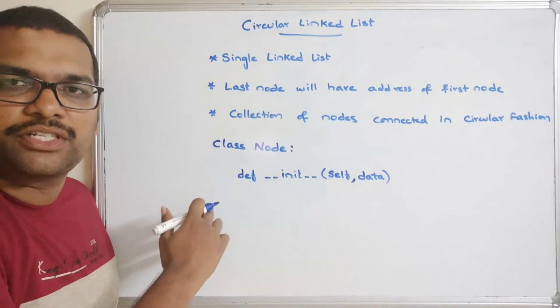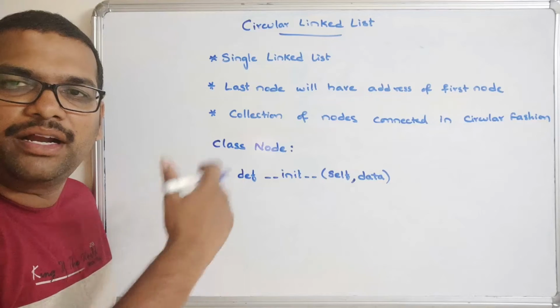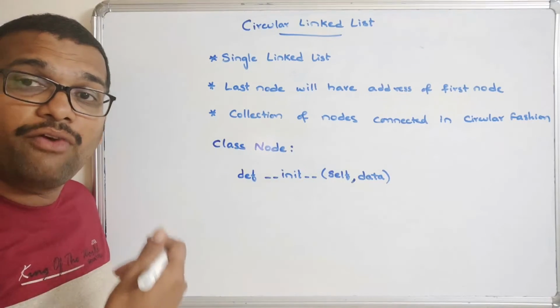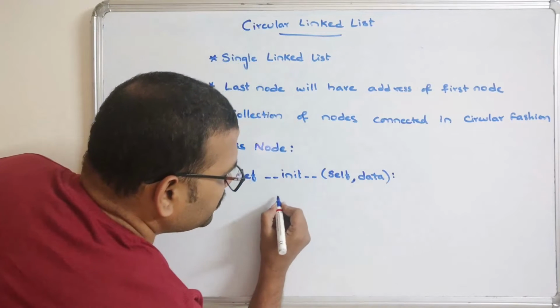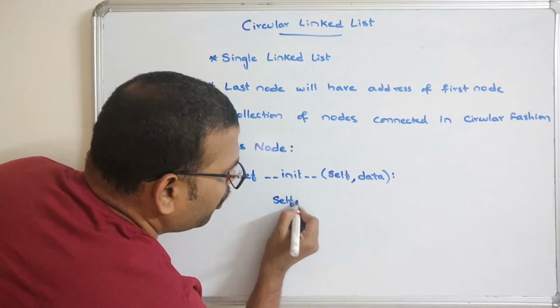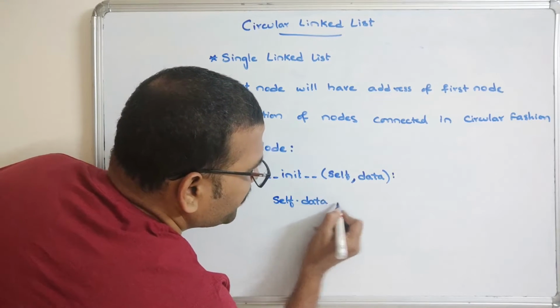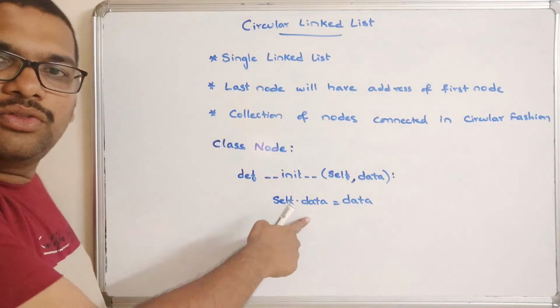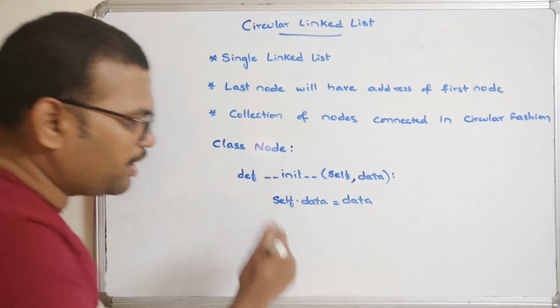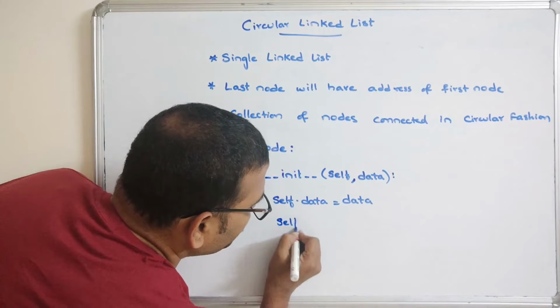So 10 is the first node data, 20 is the second node data, 30 is the third node data. So we have to pass the data itself. So self.data = data. This variable will be coming to this self.data, the class variable.